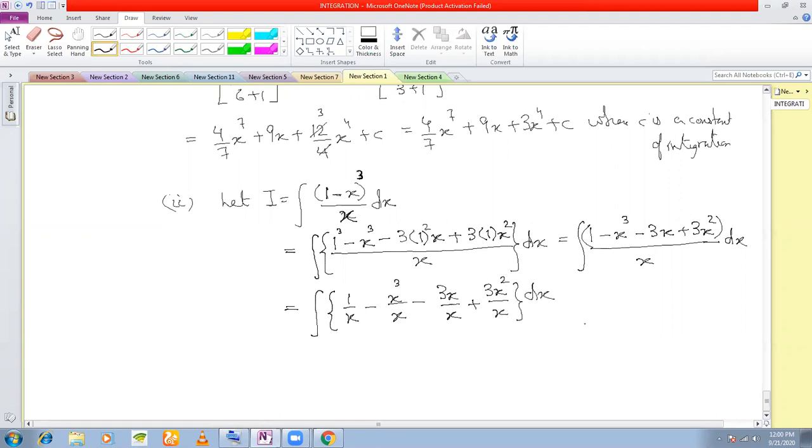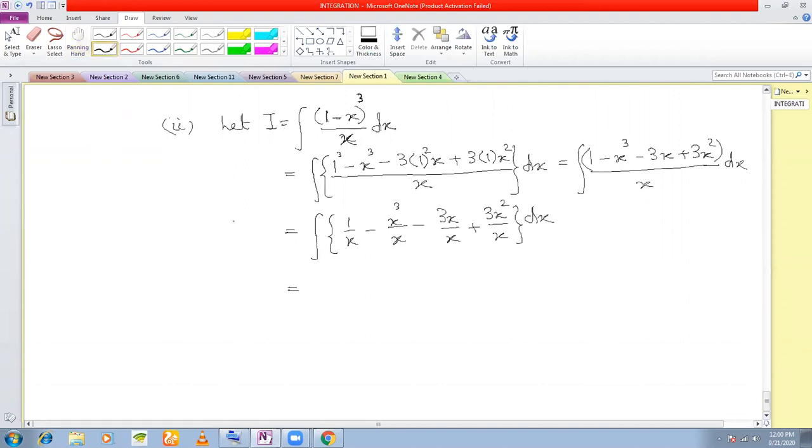I will skip this step. So you have integral (1 by x minus x square minus 3 plus 3x) dx, right? Because this x gets cancelled, this x cancels with this square, so you get this.